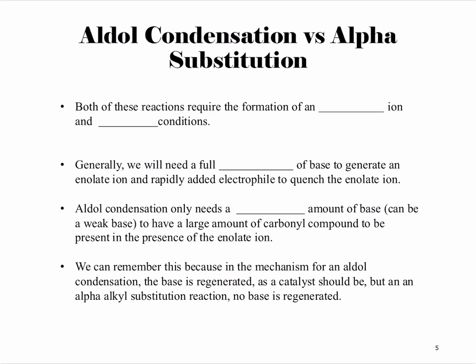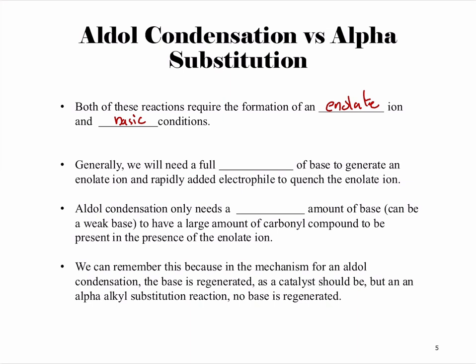And so you might ask yourself, well, how do we know when we have carbonyl condensation versus just an alpha substitution reaction? Because both of these require the formation of an enolate ion and require basic conditions.